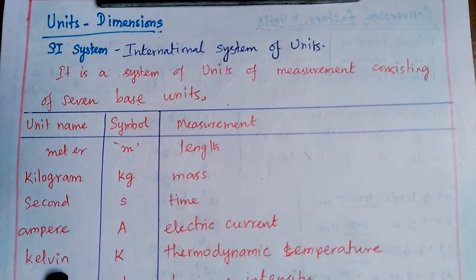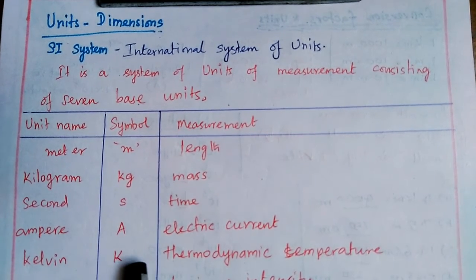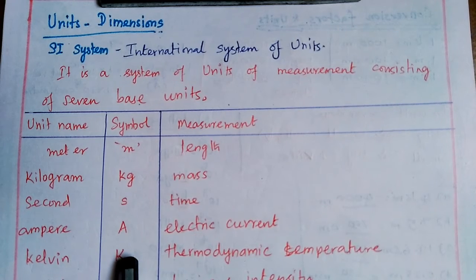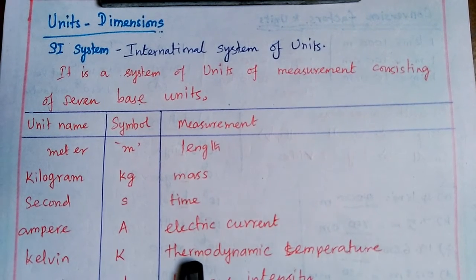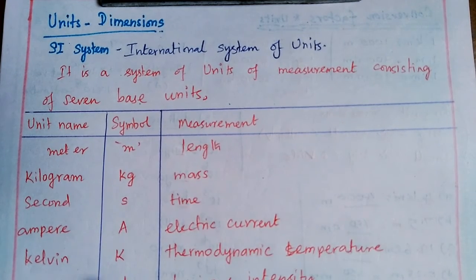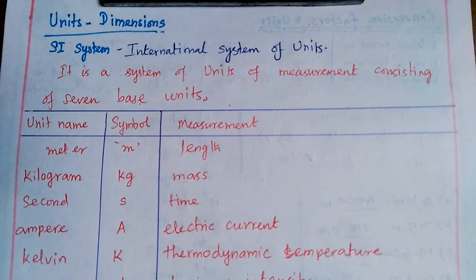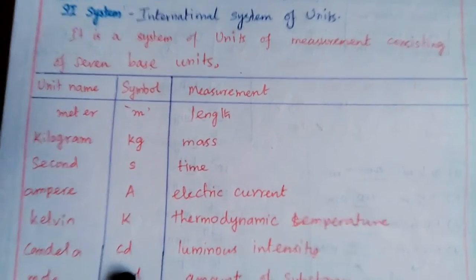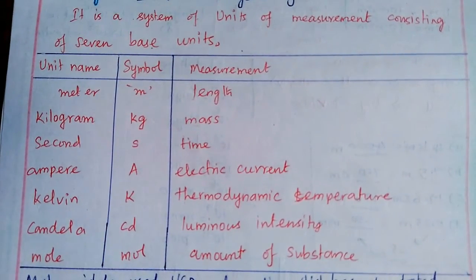And Kelvin is the unit name with the symbol capital K for measuring thermodynamic temperature. Candela is the unit name, symbol cd, for measuring luminous intensity.